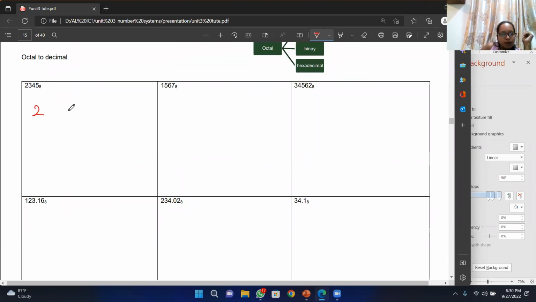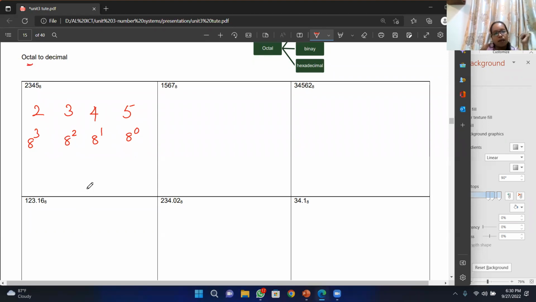The corresponding octal number, right? Expand it and just put the place values of 8. Easy. Just write down the place values of 8 because it's in octal now.